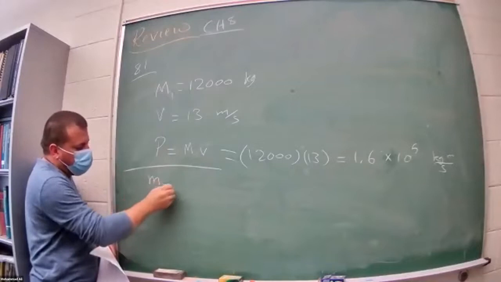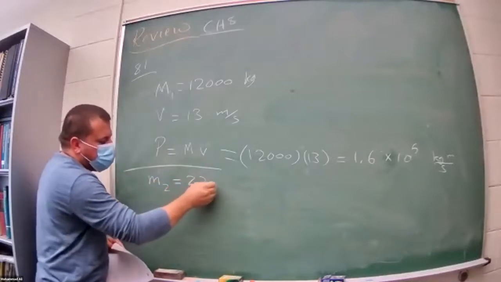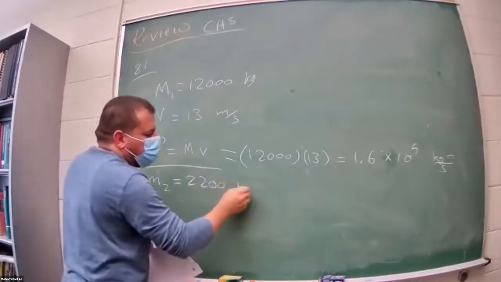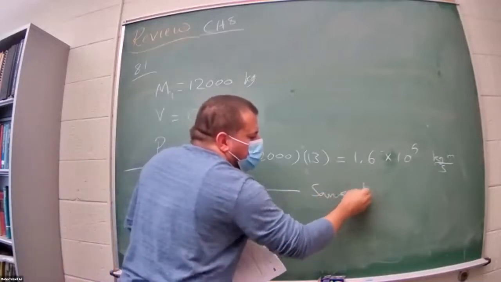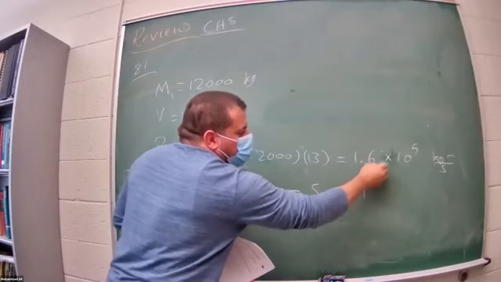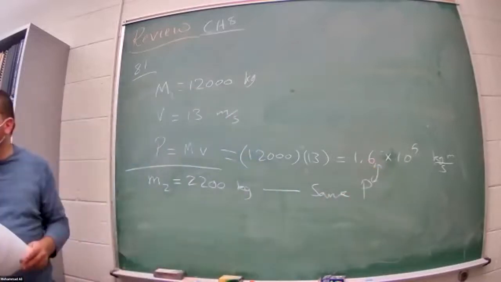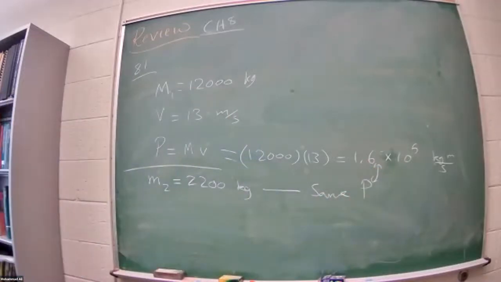If we have M2 with another mass, in kilograms, but with the same speed, how much is the velocity?